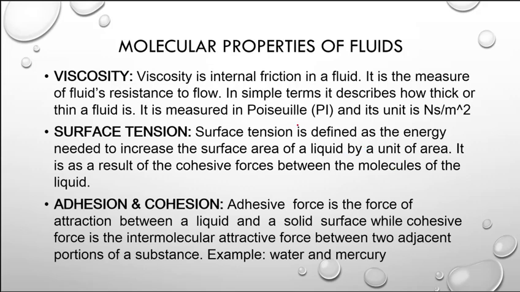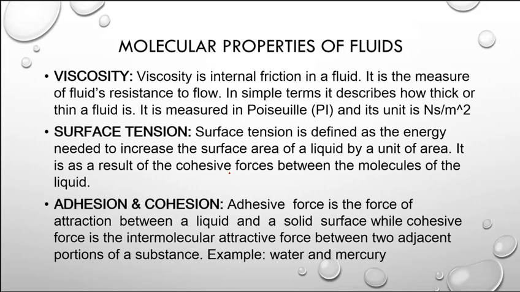The next property that we'll be discussing is surface tension. Surface tension is defined as the energy needed to increase the surface area of a liquid by a unit of that area. It is a result of cohesive force between the molecules of the liquid.